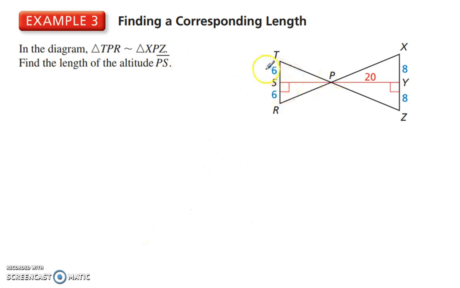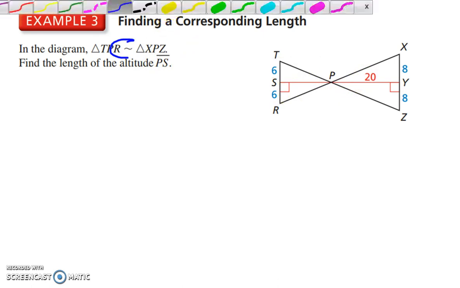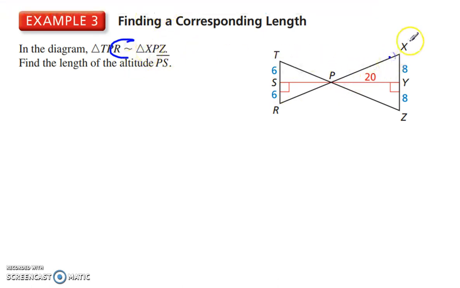Alright, and here we want to find a corresponding length in the diagram. Triangle TPR is similar, this sign right here, the little wave, means similar to triangle XPZ. Sorry, it's XPZ. And we want to find the length of the altitude PS.